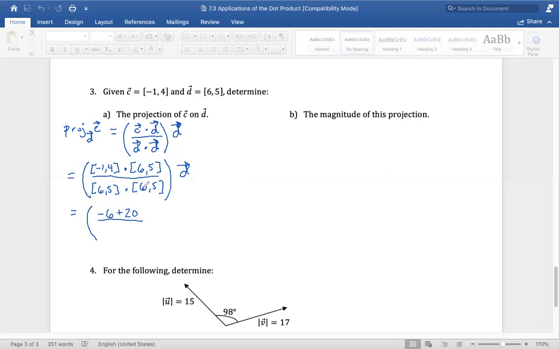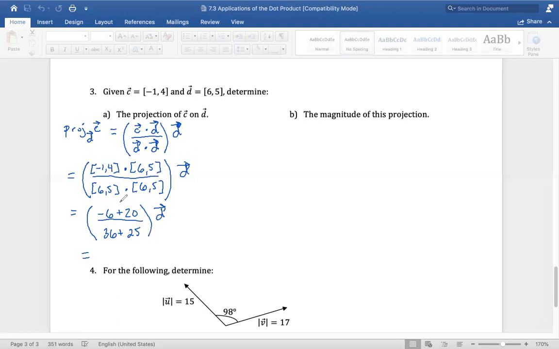I have 6 multiplied with 6 would be 36, and I'm going to add 5 times 5, which is 25, and I'm going to multiply that with my D vector. Okay, so one more step. Again, when I'm multiplying two Cartesian vectors together, I end up with a scalar. So same thing, if you have a numerator and denominator, you're going to end up with a scalar.